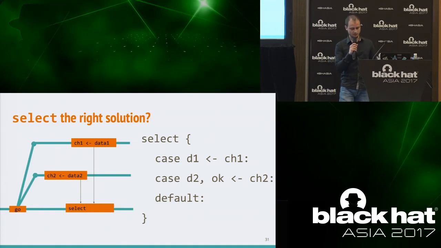To solve this problem, the Go language provides a construct which looks like a nice solution, doesn't completely solve the problem, but tries to. Select allows you to read from multiple channels at the same time in a non-blocking manner. So if data is ready to be read, you can perform the computation you need. You can also read if the channel has been closed, because you can read two values from a channel. The first one will contain data, if there's any.